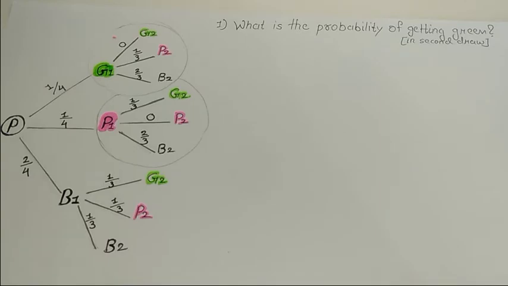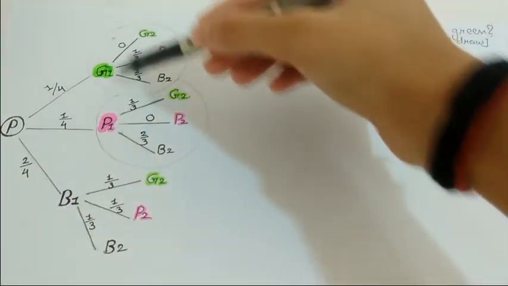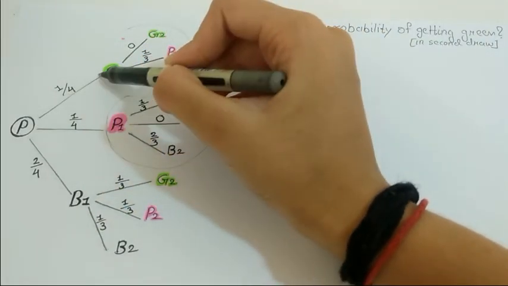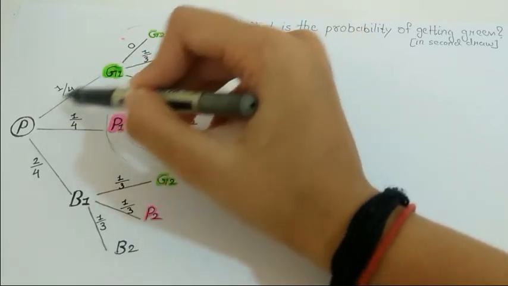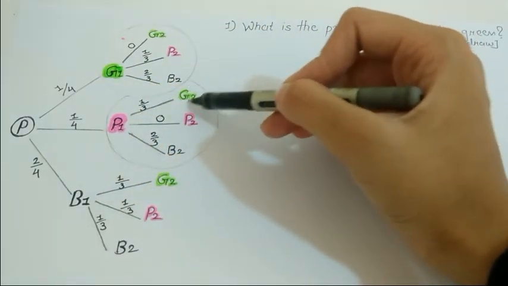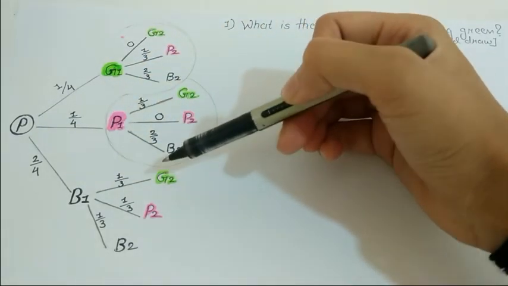So it is basically the addition of all the 3 probabilities of getting green in each of them. So it will be 1 by 4 into 0 plus 1 by 4 into 1 by 3, because we are getting green at the end, and 2 by 4 into 1 by 3.